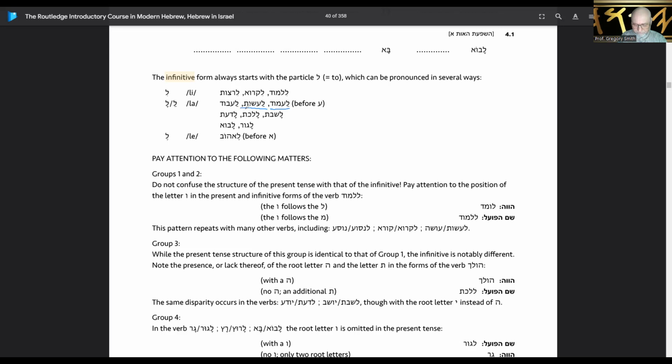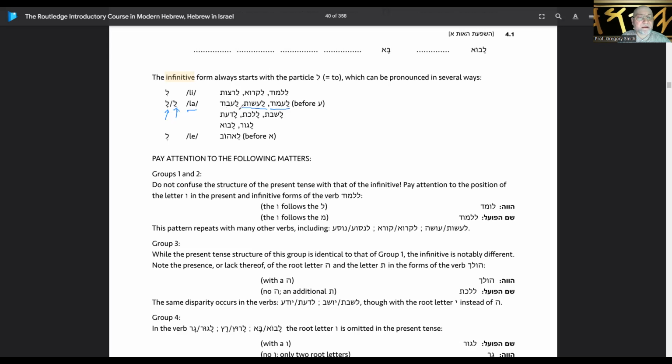Sometimes you might have to put it in manually if the system doesn't allow you to vocalize it. To do, לעשות. You hear the ah sound in each of those. That comes from these two here, patach and kametz.